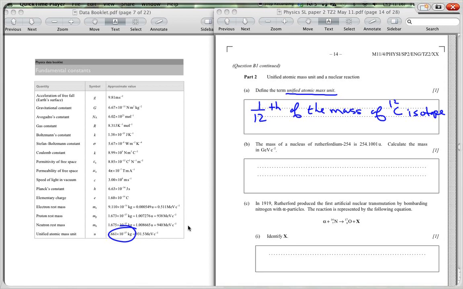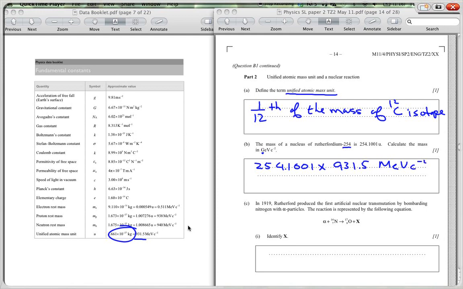It says the mass of a nucleus of rutherfordium-254 is 254.1001 u. Calculate the mass in GeV c to the minus 2. So we're going to have this 254.1001 times this value over here, 931.5 MeV c to the minus 2.